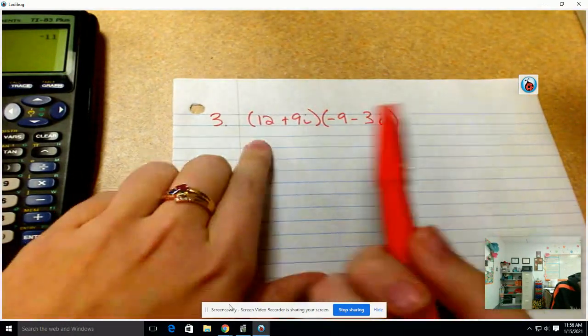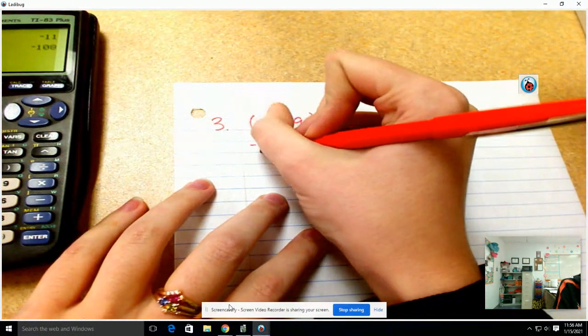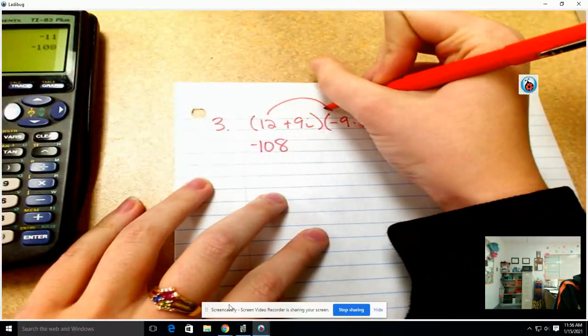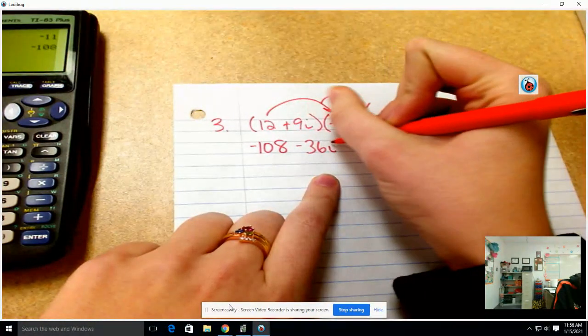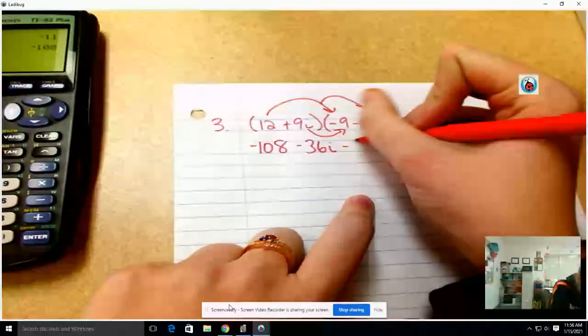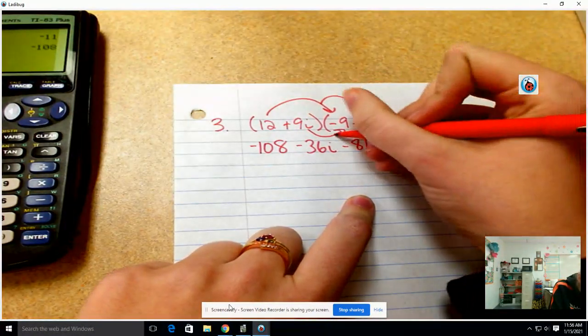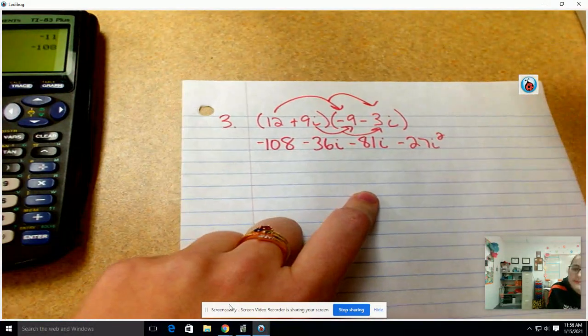So we're going to distribute. 12 times negative 9 is negative 108. 12 times negative 3 is going to be negative 36i. 9i times negative 9 is negative 81i. And then we're going to have negative 27i squared.